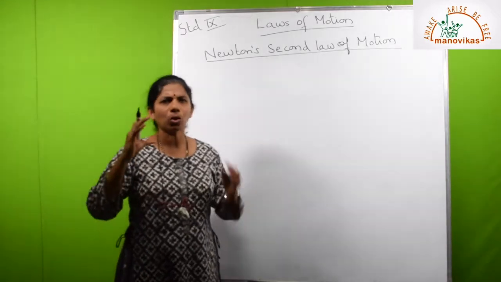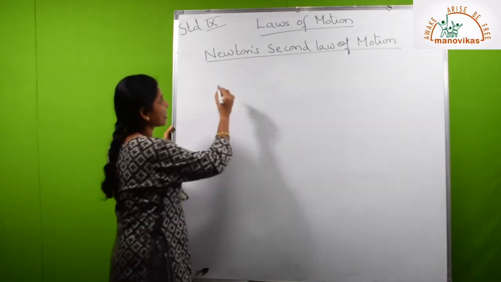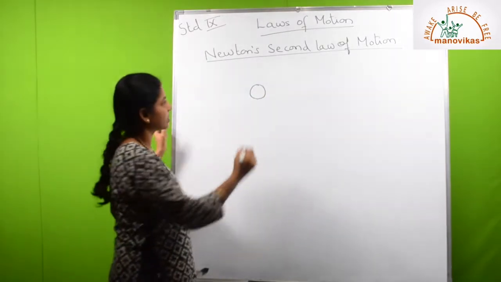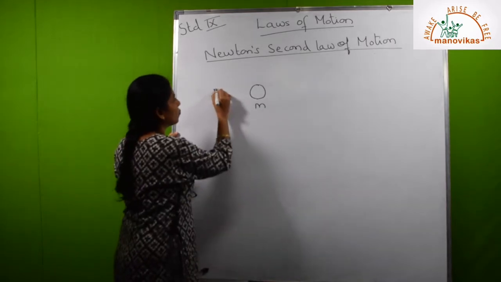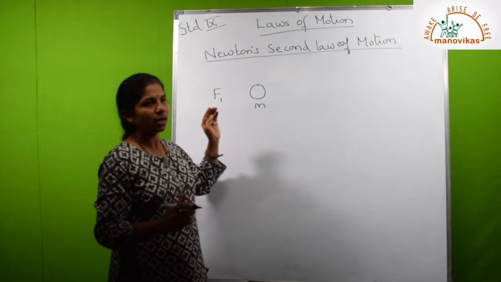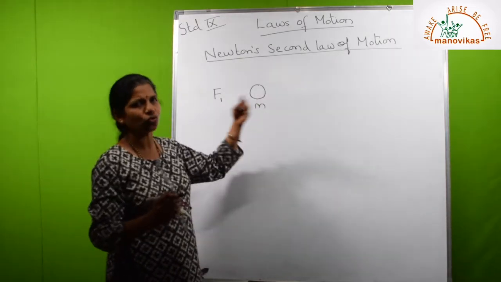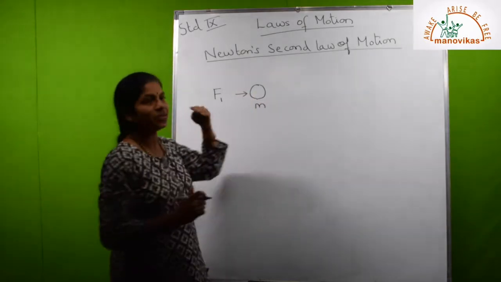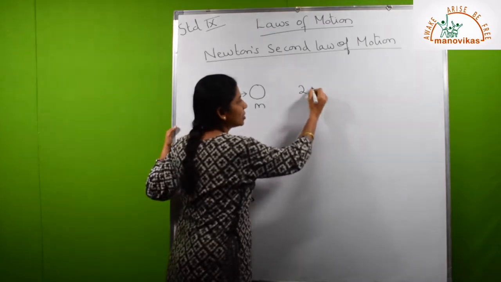Now if there are two objects having the same mass, for example there is an object having certain mass m and a certain force F1 is applied on this object. Now I push this object gently, so there's some acceleration produced in this object. So when this is being pushed gently, you find it will accelerate, but suppose the acceleration value is 2 meters per second square.